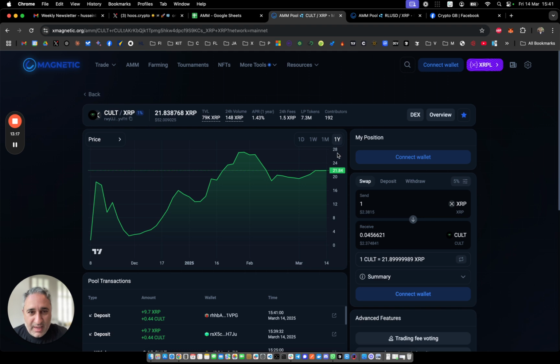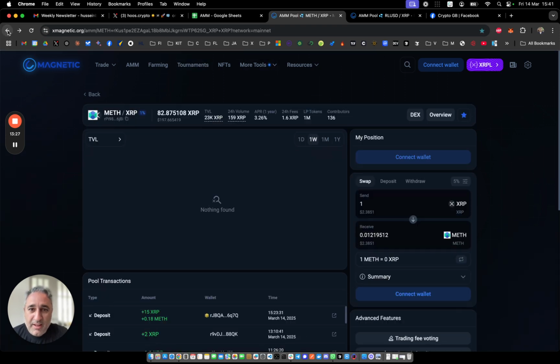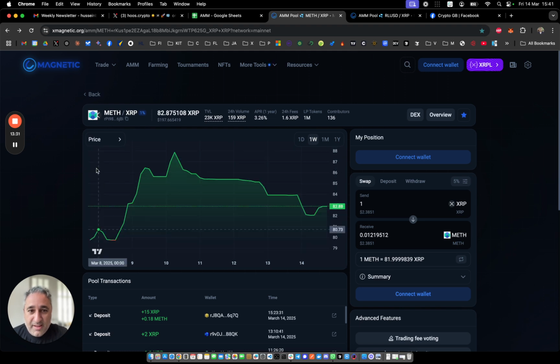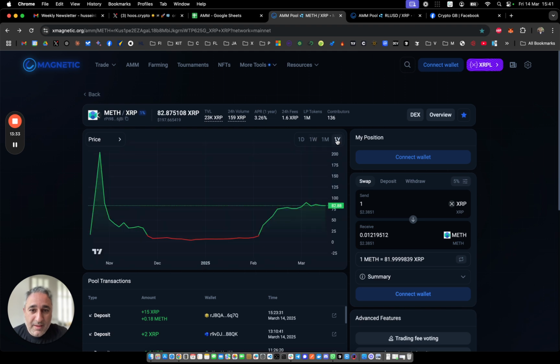It's kind of leveling out here. It's been more stable, and that's because there's probably a higher supply of Cult. But if I go back to the MEF chart, it's very clear there because there's just less MEF, and that's what we call the impermanent imbalance hedge.